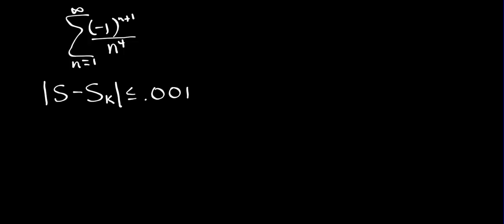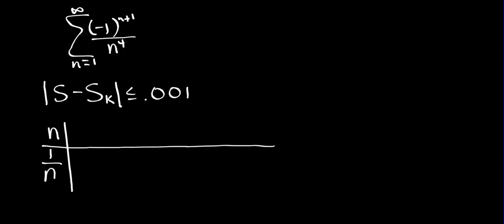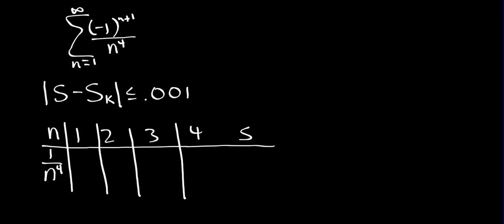We want to know how far out to go. Here's n, and down here is 1 over n to the fourth. I'm going to let n be 1, 2, 3, 4, 5, and see how far out I need to go to get the error I'm looking for.